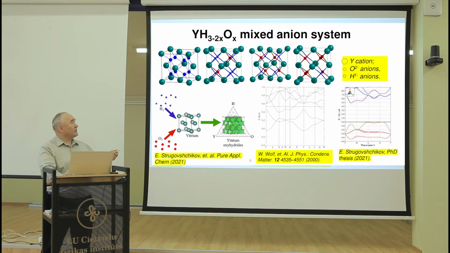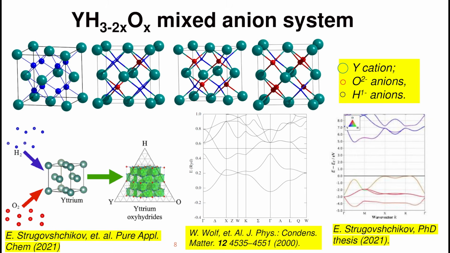Oxygen atoms will enter the matrix and partially replace some of the hydrogen atoms. The second lattice indicates the case when at least 2 oxygen atoms replace 2 hydrogen atoms. Both oxygen and hydrogen atoms are situated in tetrahedral sites, the same sites, okay? These sites are shared by 2 different types of anions.